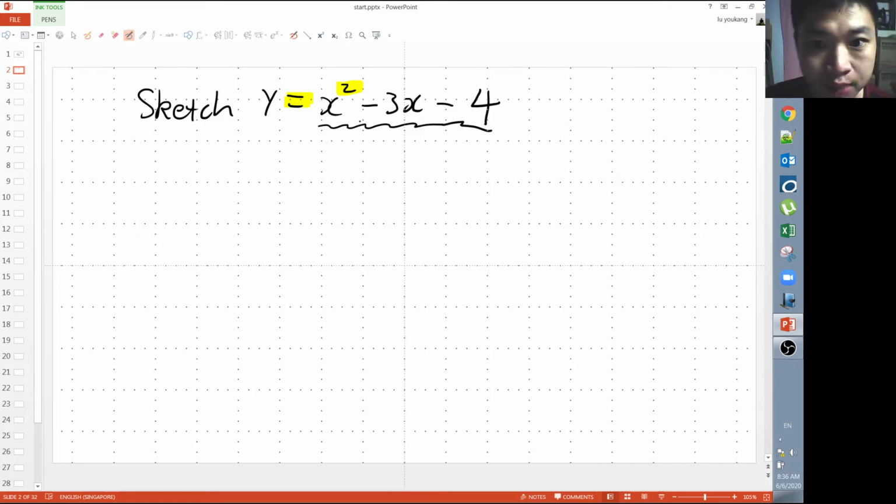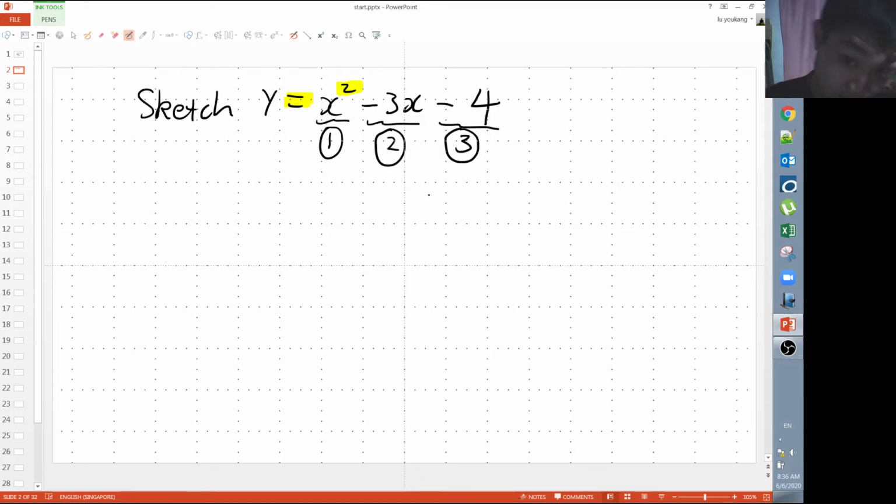You have 3 terms here. So let me just underline these 3 terms. First term, second term, third term. And please note that the sign in front of this is also included, and the sign here is also included with the 4.